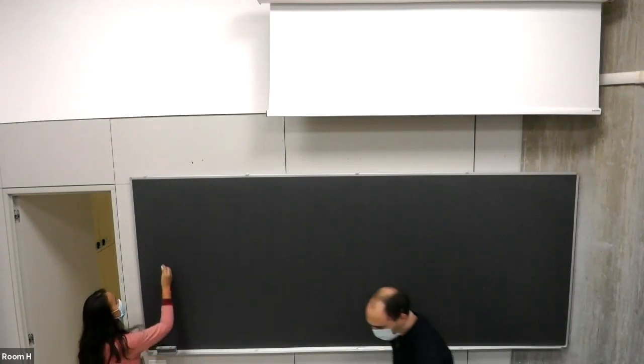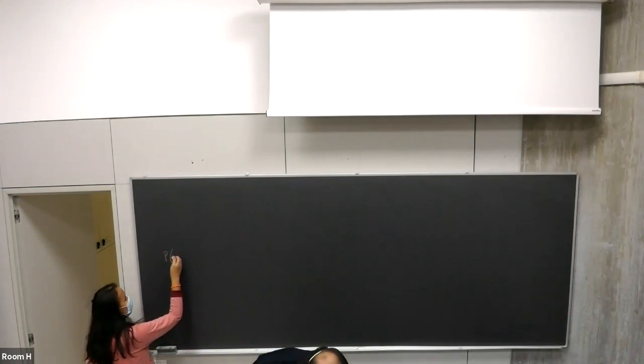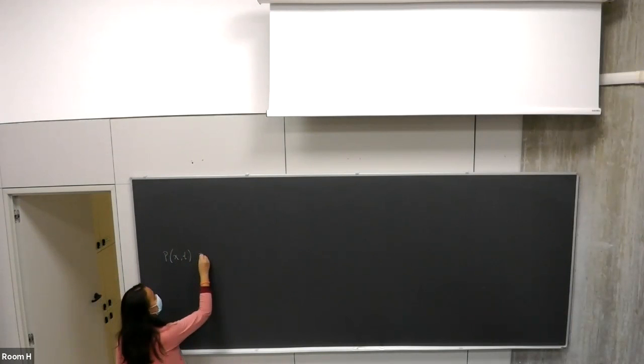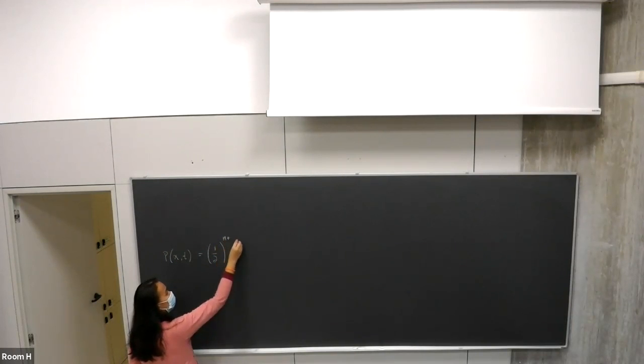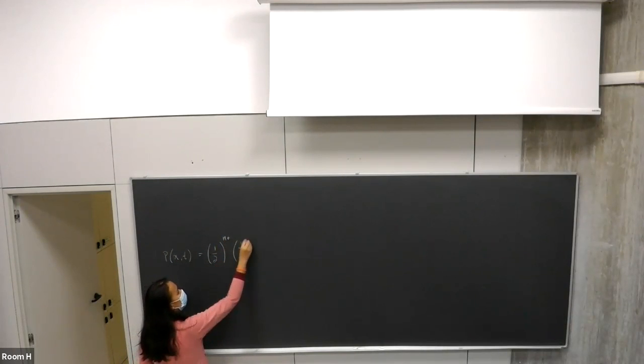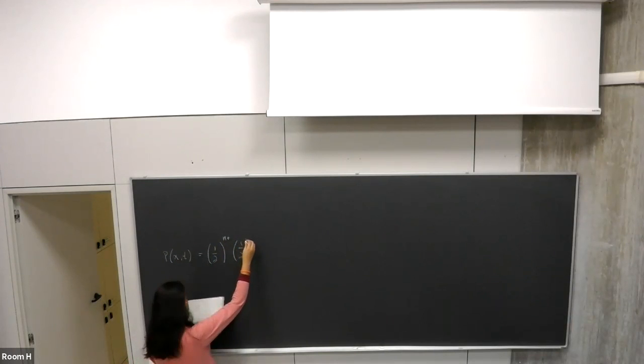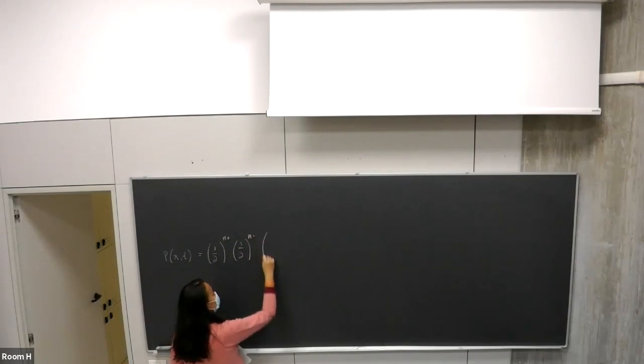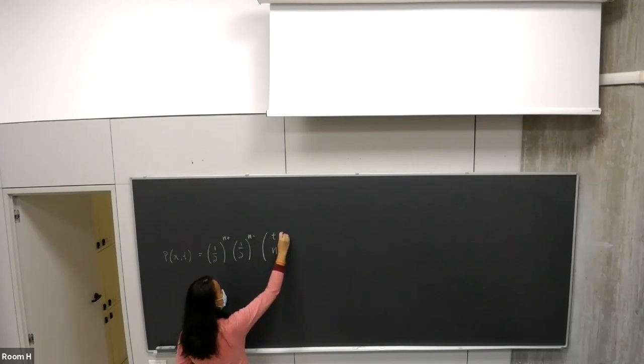So we want to show that the probability that you are at point x at time t, we said it's equal to 1/2 raised to the number of times you go to the right, times 1/2 to the number of times you go to the left, n plus.